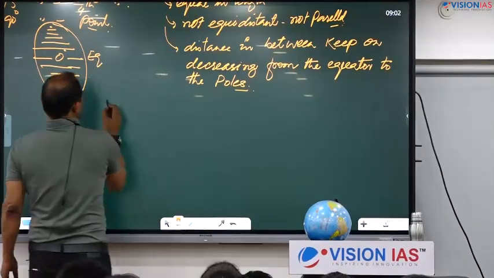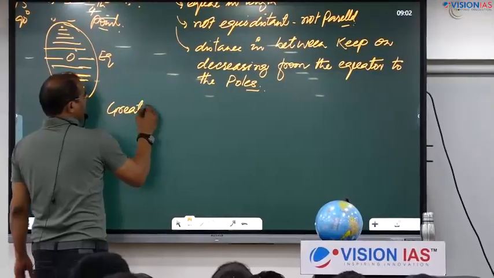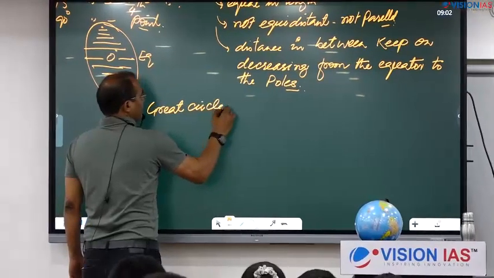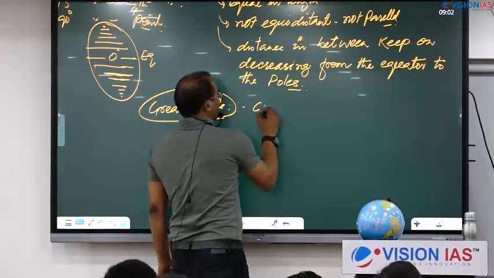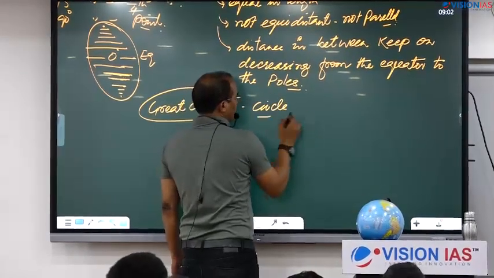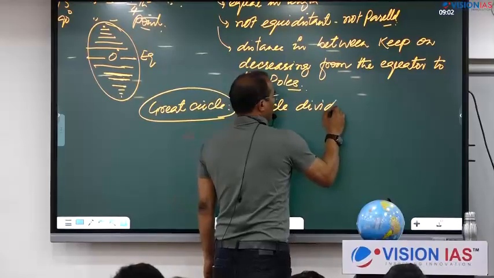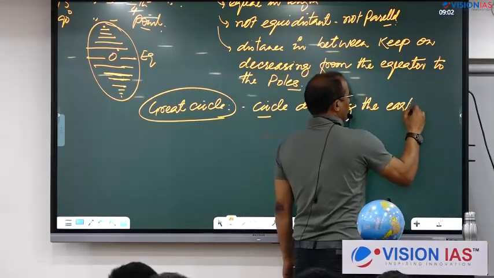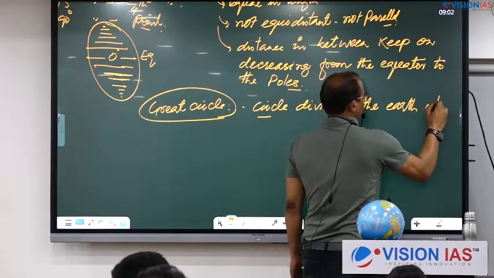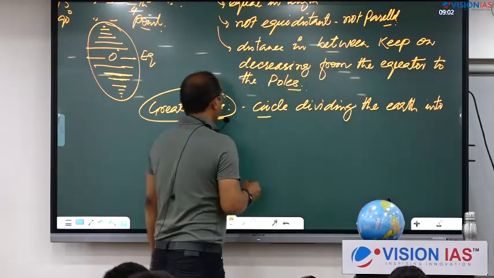There is a term in the grid system called great circle. A circle dividing the earth into two equal halves.